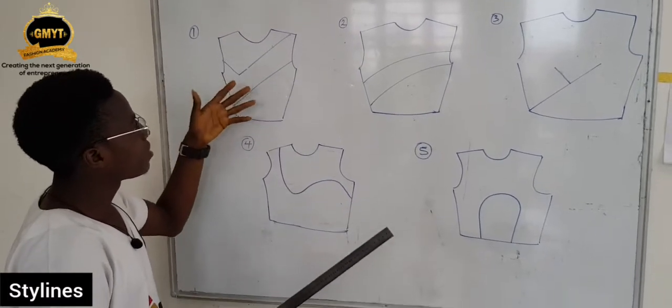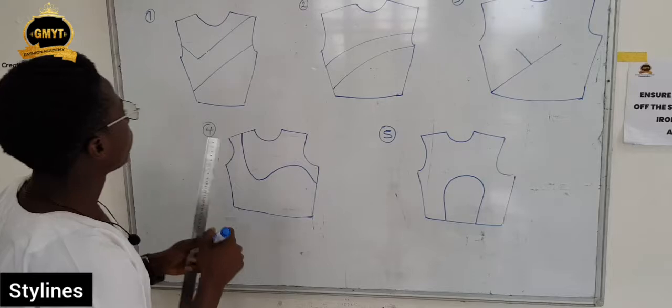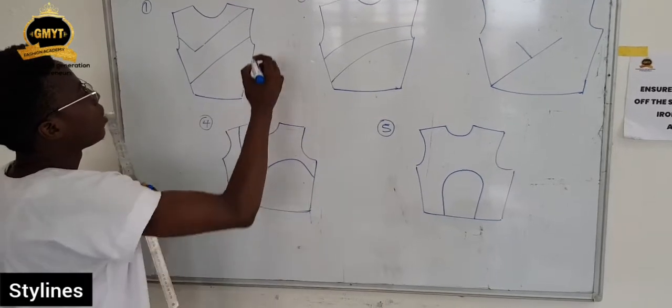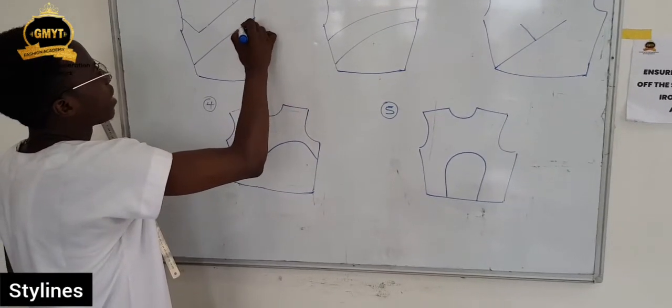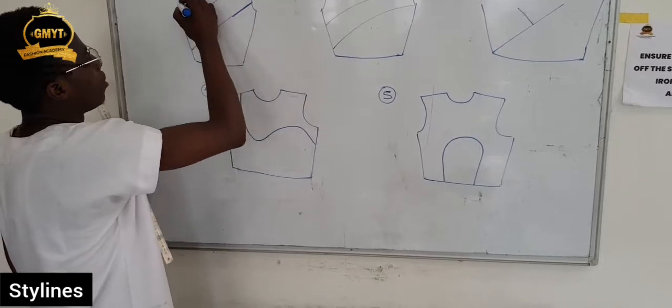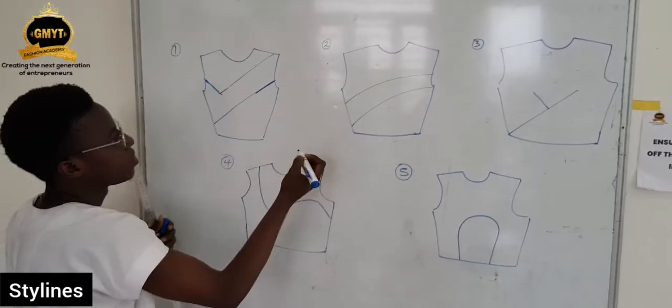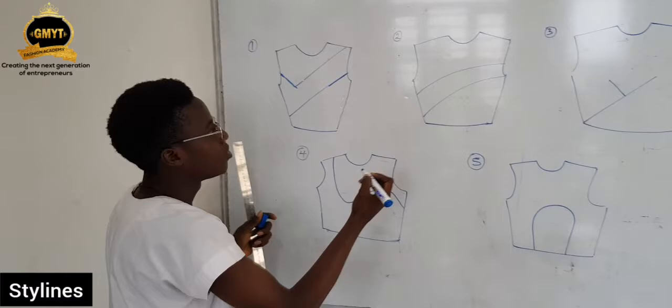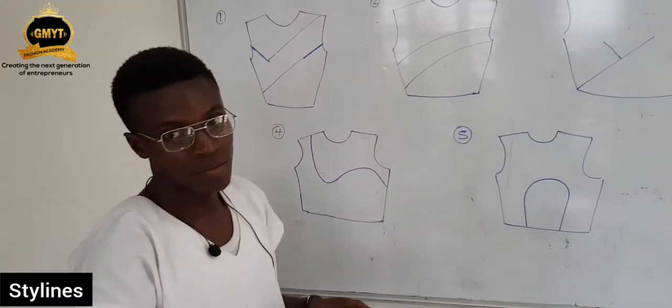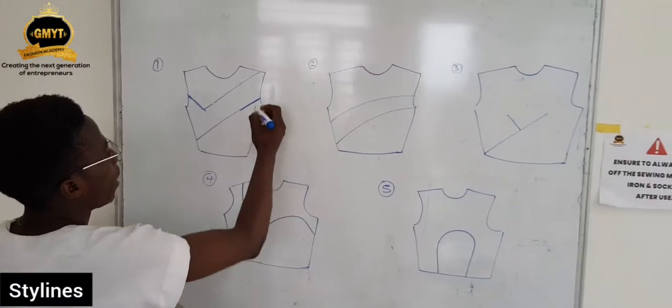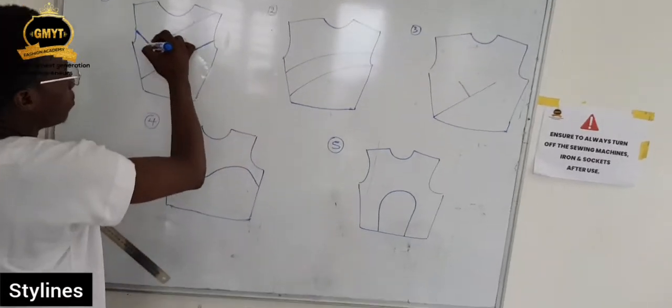So now looking through my design, interpreting my design, it means I need a dart through here, and I also need a dart through here before I create my style line. So now I need to transfer my dart. It means I have an arm side dart, right?